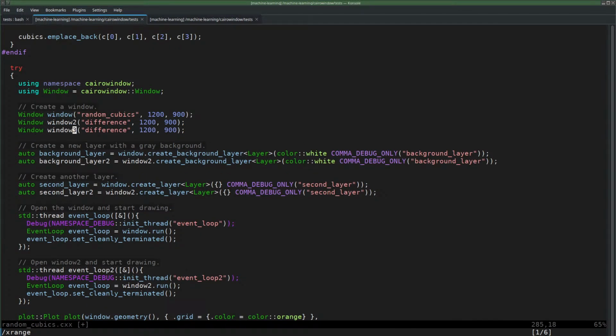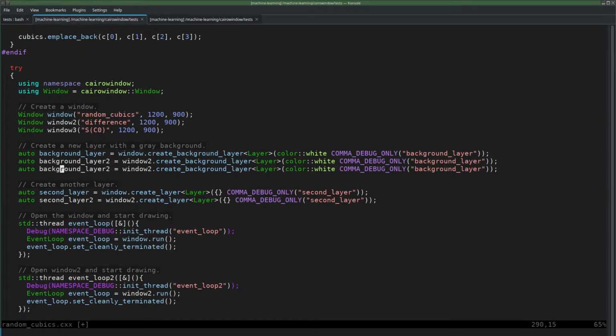Window 3, and that is going to contain the S of C0.